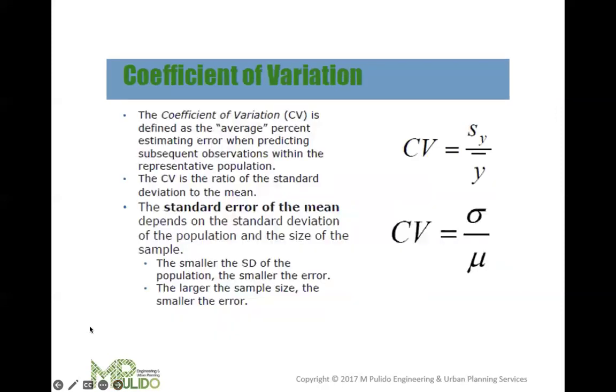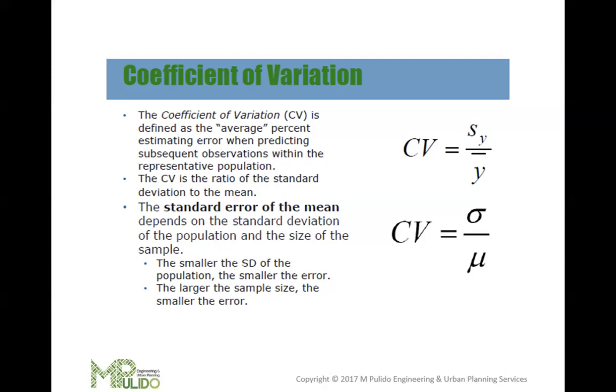Okay, coefficient of variation. It is a statistical measure of the relative variability of a data set. It is defined as the ratio of the standard deviation to the mean, and is often expressed as a percentage.